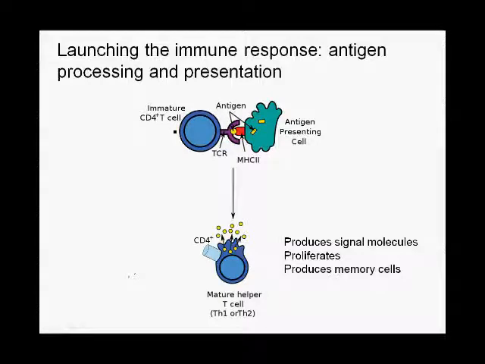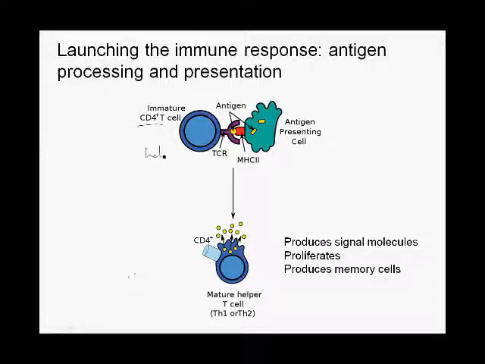Along comes a helper T cell, or a CD4 plus T cell. So T cells come in two varieties, CD4 plus and CD8 plus. CD4 plus are helper T cells, and CD8 plus are killer T cells.